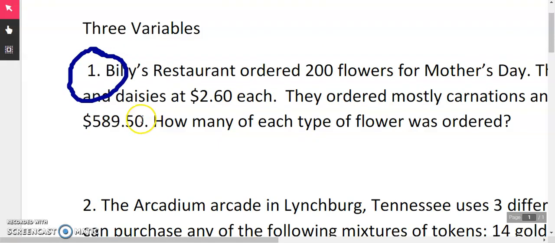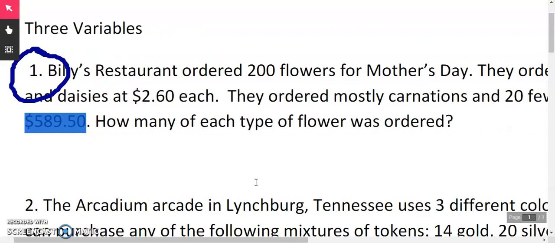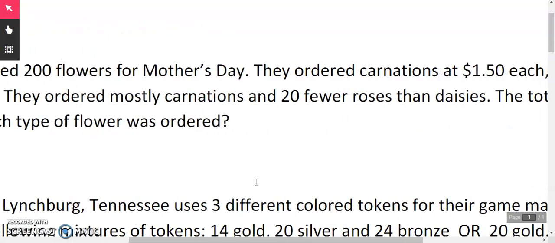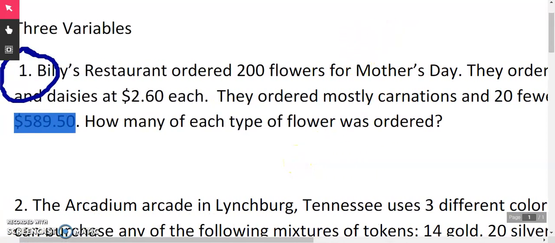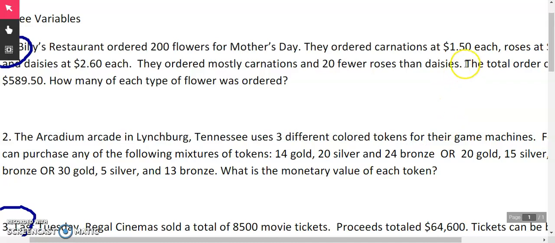The first thing I notice is that they have the total cost of $589.50. That's right from right here. So that tells me that one of my equations should have something that totals up to 589.5.